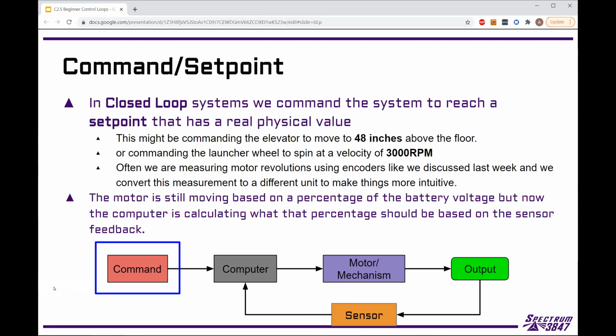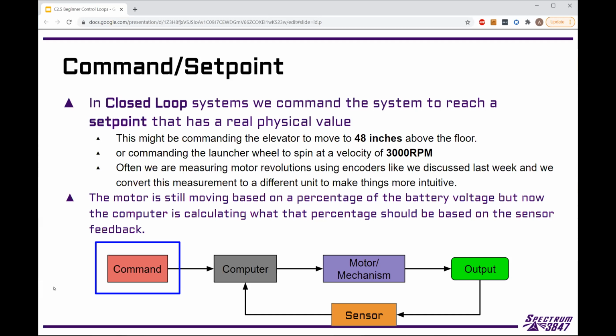Instead of just telling it to go up with some voltage and telling the motor to spin, we're telling it an exact height from the floor. And then this control loop and the computer, RoboRIO, motor controller, whatever, is going to figure out when it's at that height, and then it's going to stop. So it's a lot more intelligent, and it allows us to do a lot more things reliably and more precisely than if the drivers were just doing it manually.